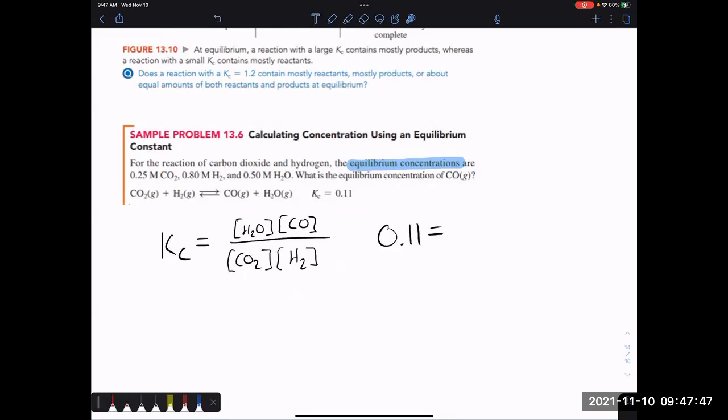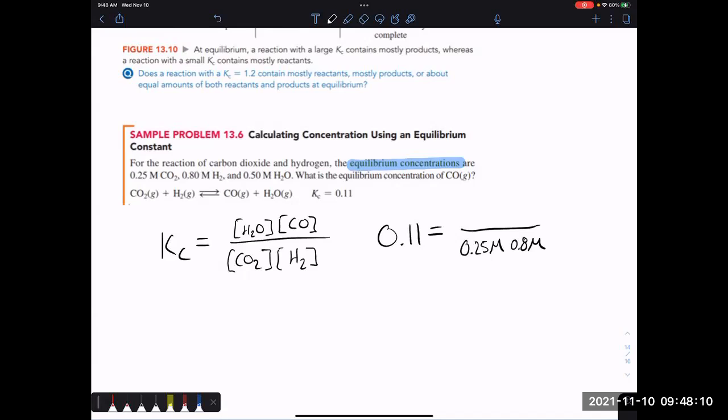So one of the easiest ways to slip on this is to put the wrong numbers in the wrong spot. So 0.25 molar, it's our CO2. Hydrogen is going to be 0.8 molar. Oh, all right, we'll finish this quick.